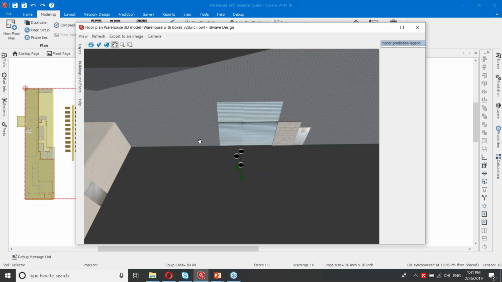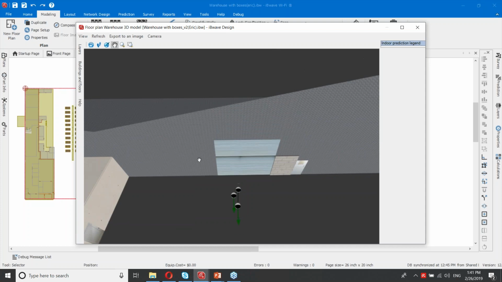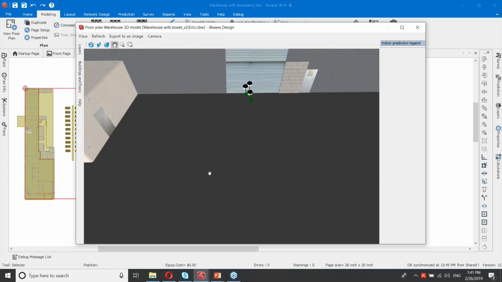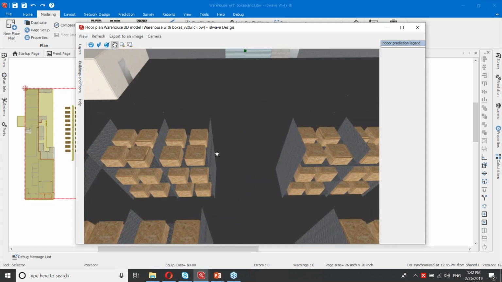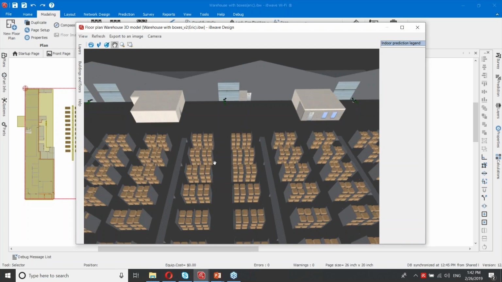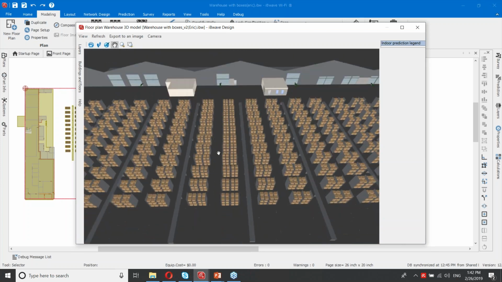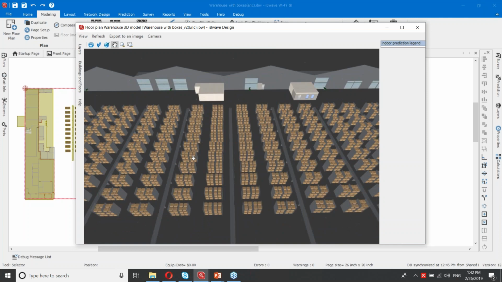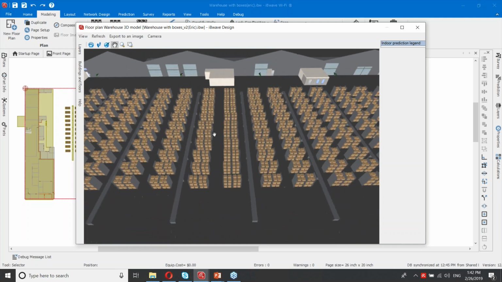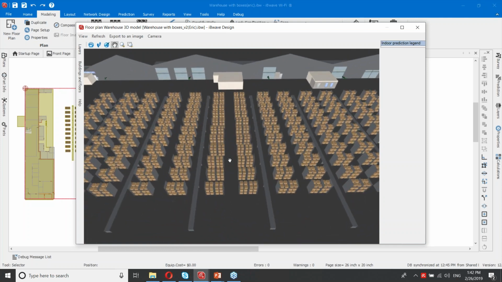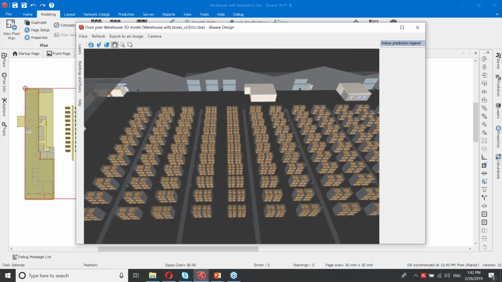I tried to put them one on top of another, but I couldn't, so I put them as close to the wall as I possibly could. So the question is, how does the coverage look once I have filled up those boxes? Remember, I only have one antenna pointing along this corridor.